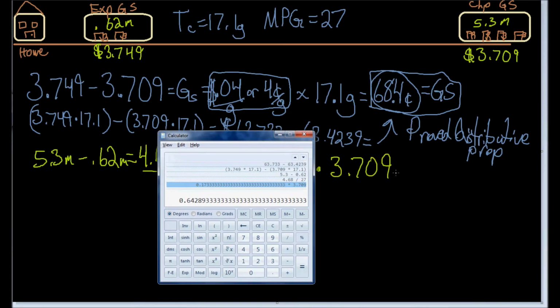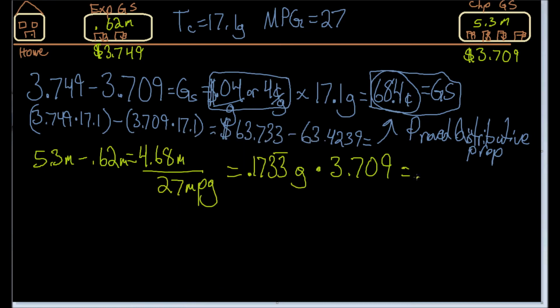To figure out the cost, multiply the cheap gas price by the amount of gas in gallons, and you have how much it costs to drive to that cheaper station. So again, two distances to the gas station, subtract those two, multiply by the price per gallon, and divide by the gas mileage.